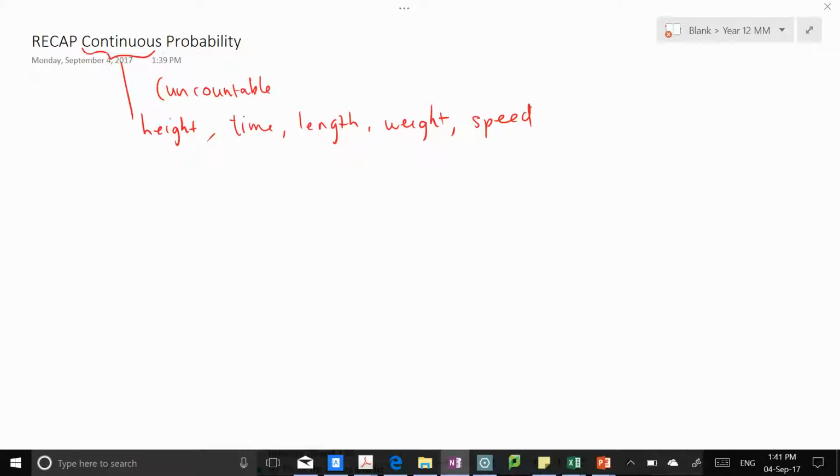All these are everything that is measurable, hence why you can't count it individually. Unlike rolling a dice, heads or tails, t-shirt sizes, small, medium, large. These are all measurable, so hence you can have length, width, area, volume. They're all continuous variables.